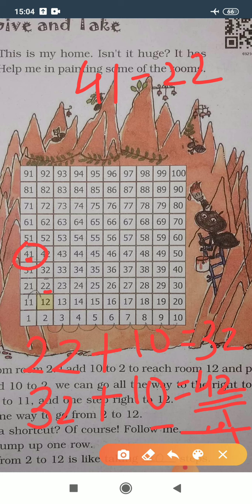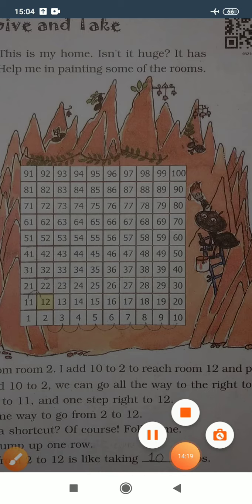So how will we calculate the jumps? Let's see this sum again. Our jump starts from 22. First add 10, it will be 32.